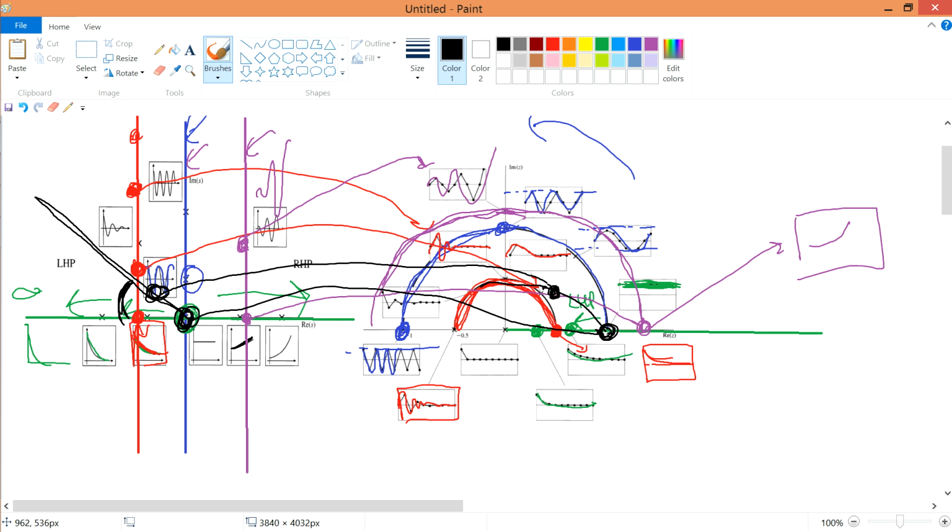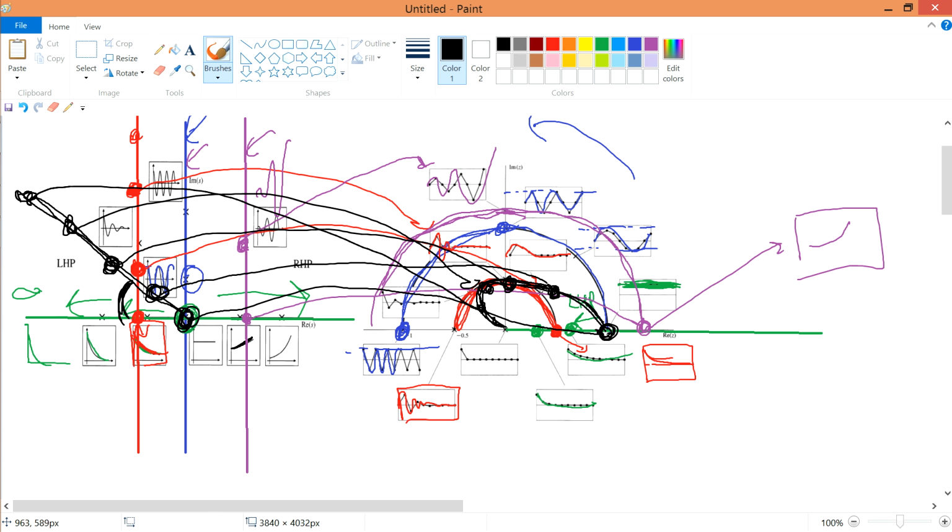So maybe I should plot a circle like this. So the higher the magnitude, the more I go up towards stability. More and more points over here reflect over here, and more points reflect over here.